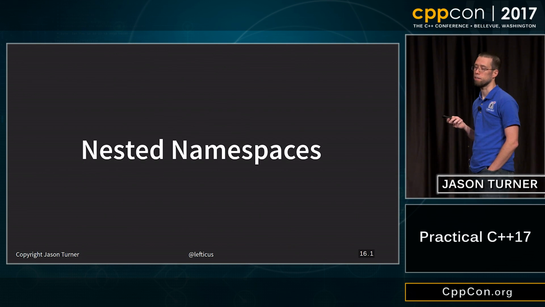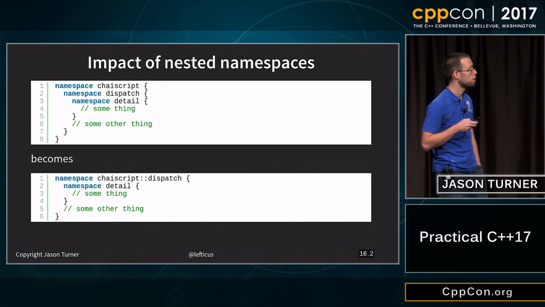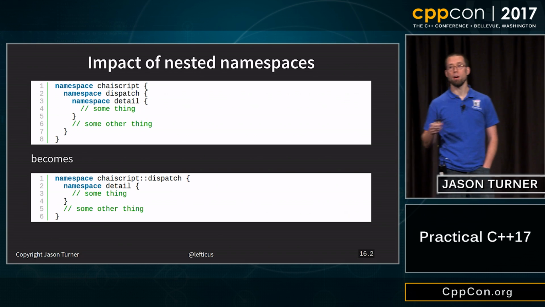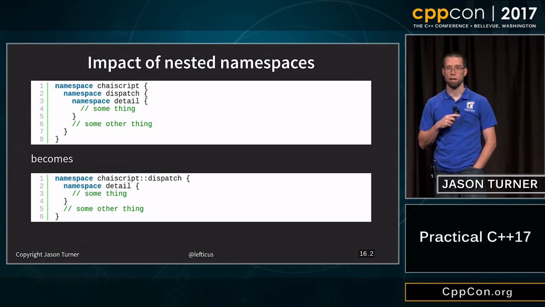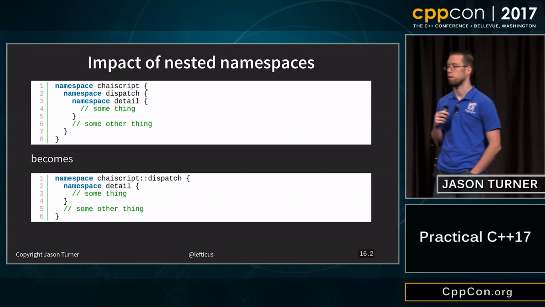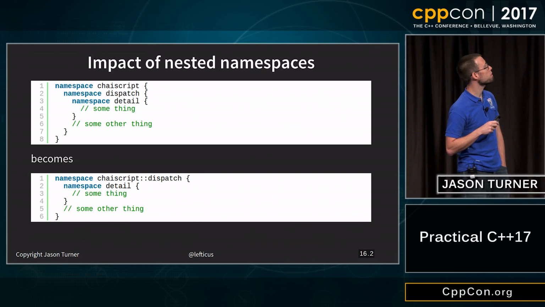Nested namespaces are next. So I have a fair number of nested namespaces because CppCon, as I mentioned, is a header-only library. So I use namespaces to kind of obfuscate some things. So I do things like this.